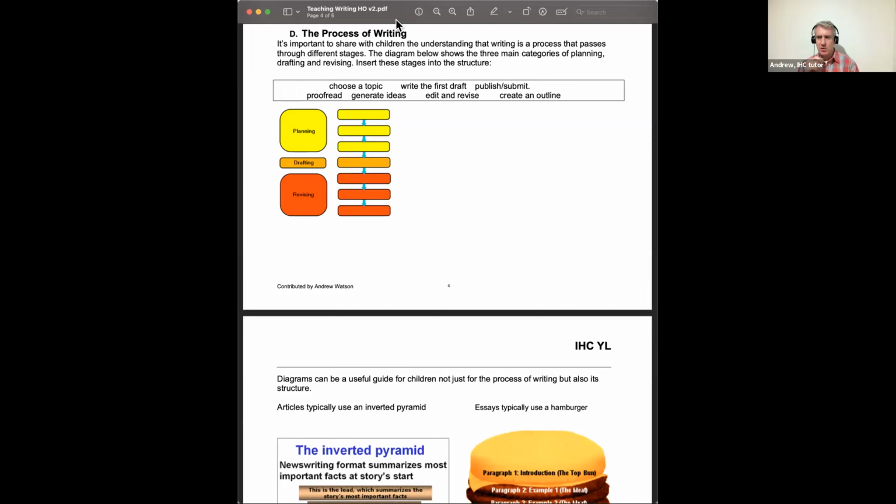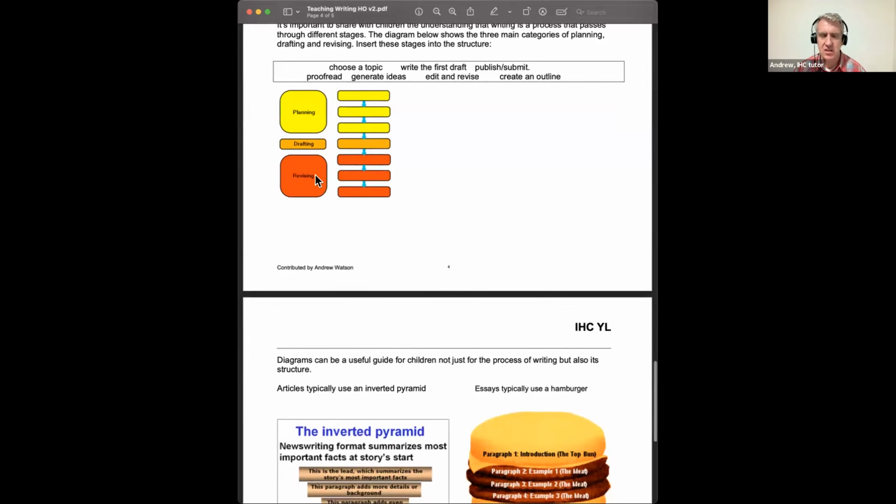Whereas proofread is more about, okay, do the ideas make sense once you've written them? And also, is the grammar and vocabulary and the spelling all correct? So I would say proofread is a slightly later one than edit and revise. So first is edit and revise, and after that proofread. And finally, publish and submit.